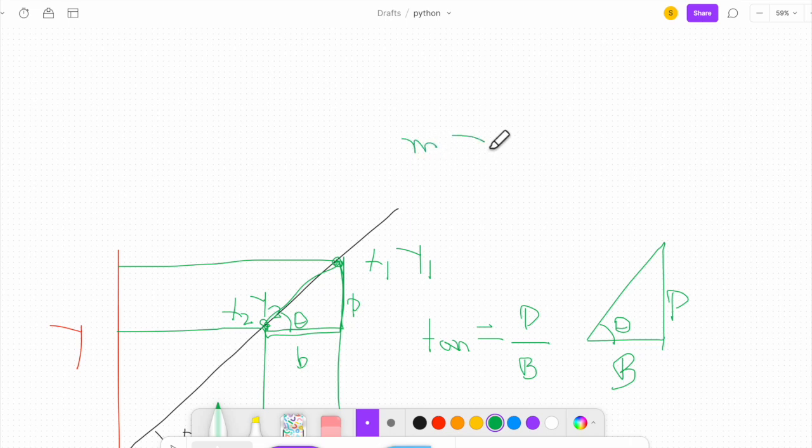Suppose slope m will be m equal to y1 minus y2 divided by x1 minus x2.